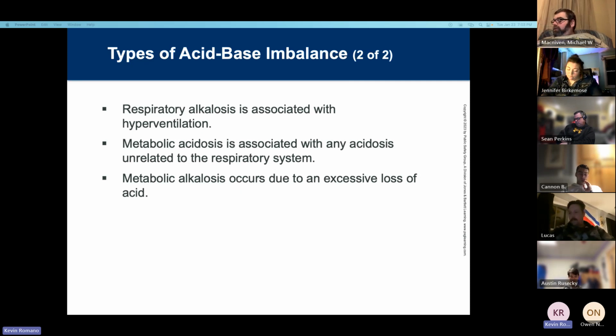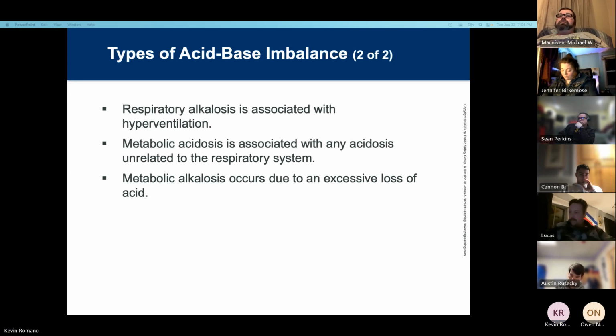Because I've been told by people that have taken the National Registry that there are questions based upon the pH stuff and acid-base balance. So know the differences between them. I do not believe they're going to get into compensated stuff. It's going to be just the basics. We're not talking about compensated. It's more ventilator theory stuff, which you guys are not being trained in.